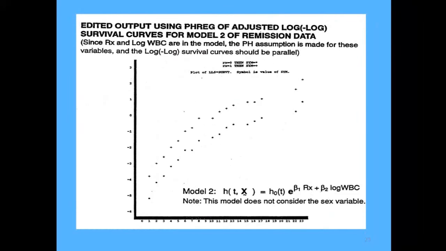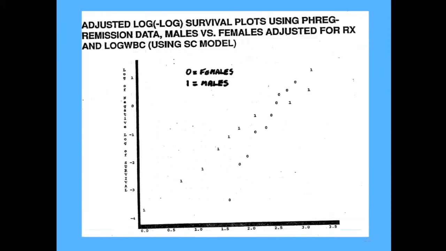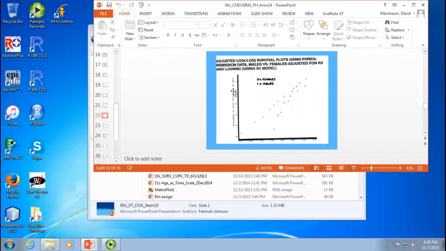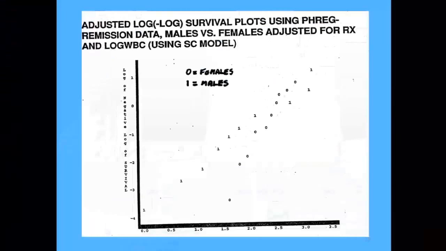Now I want to say a couple of other things just before I conclude. You remember I showed you this, or I don't know if you remember. This is slide number 22. The title is Adjusted Log Survival Curves Using PHREG, Remission Data, Males versus Females, Adjusted for Treatment and Log White Blood Cell Count.